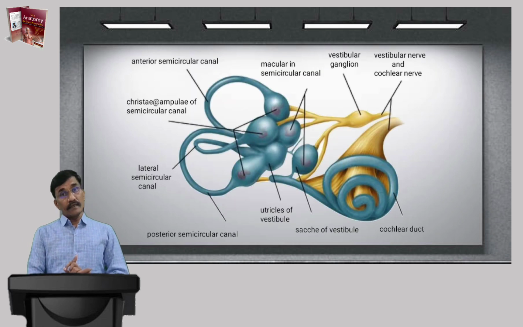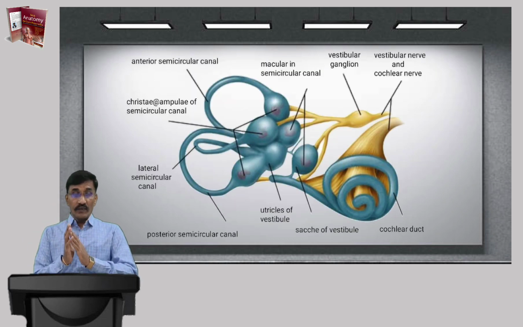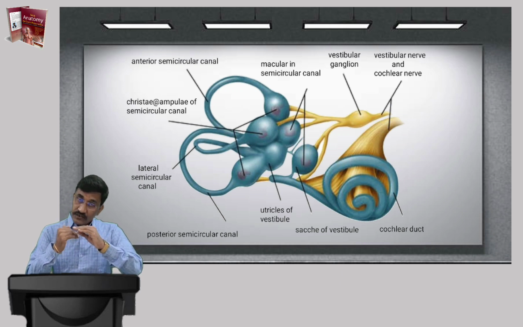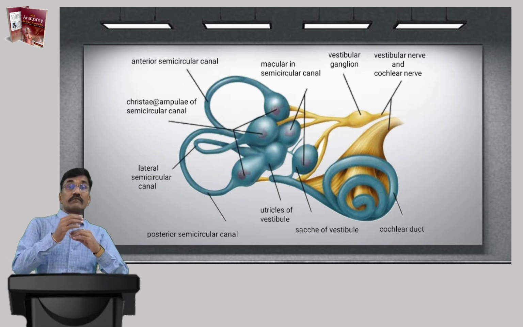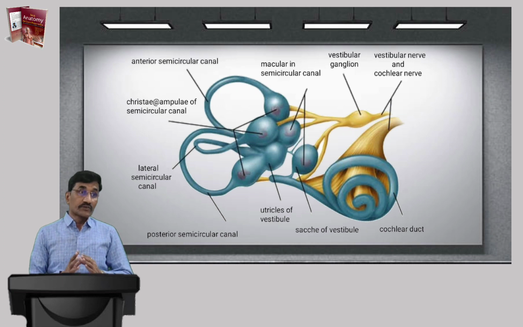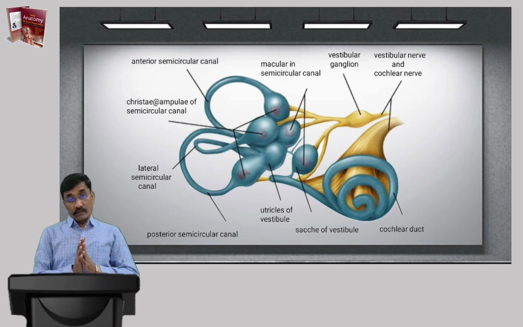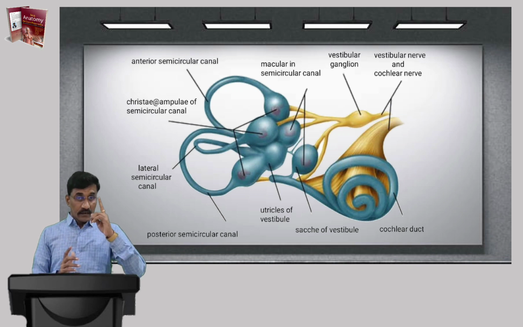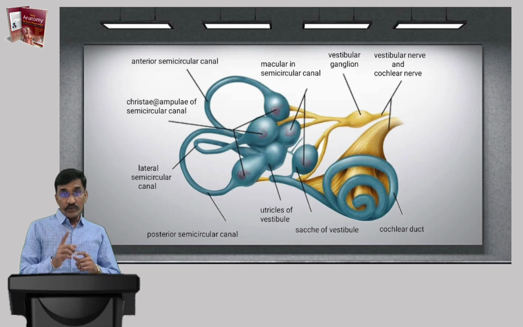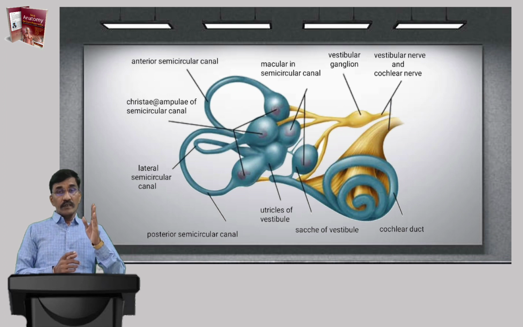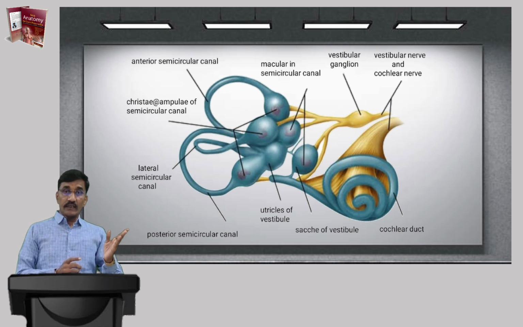The membranous part has its own names. The part inside the bony cochlea is called the cochlear duct. The part inside the vestibule is called the saccule and utricle. Saccule and utricle, you can remember: take S from saccule, take U from utricle, and take V from vestibule. So you can put SUV, Mahindra SUV.